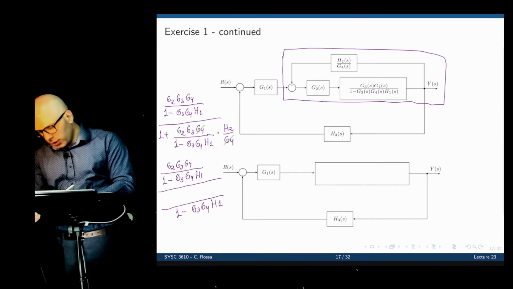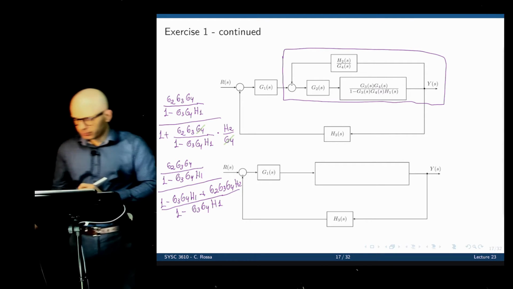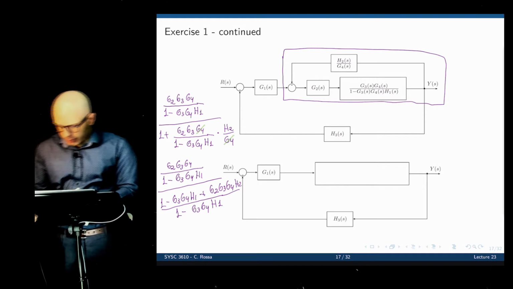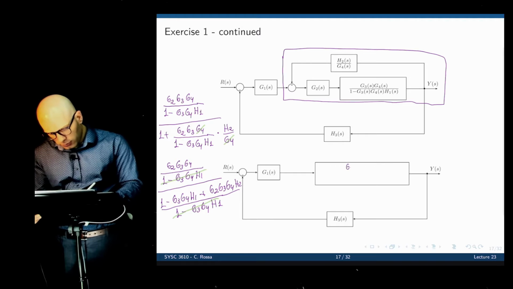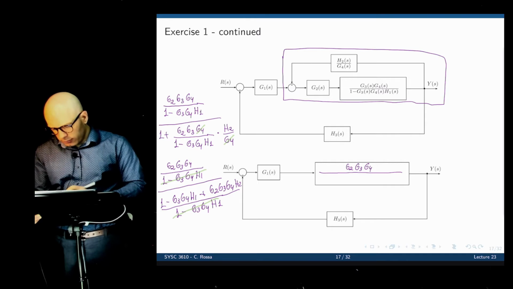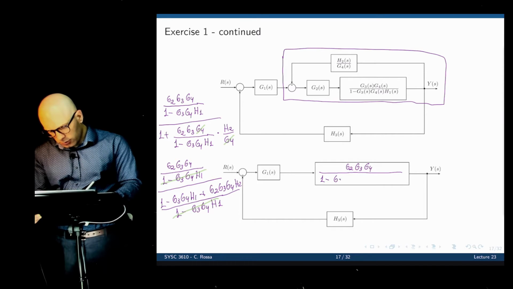That multiplies 1 is 1 minus G3, G4, H1 plus G2, G3, G4, H2. So now we can cancel this and that, and you're left with G2, G3, G4 divided by 1 minus G3, G4, H1 plus G2, G3, G4, H2.